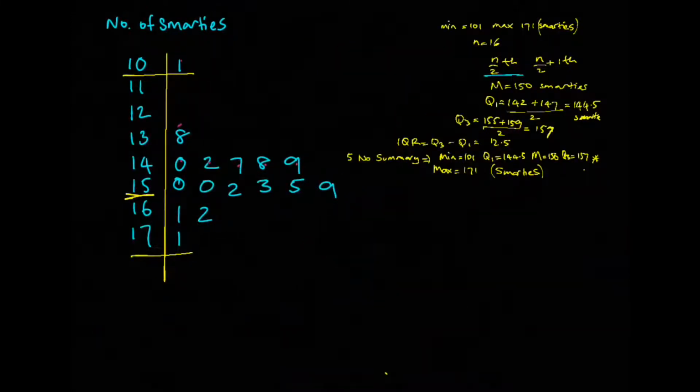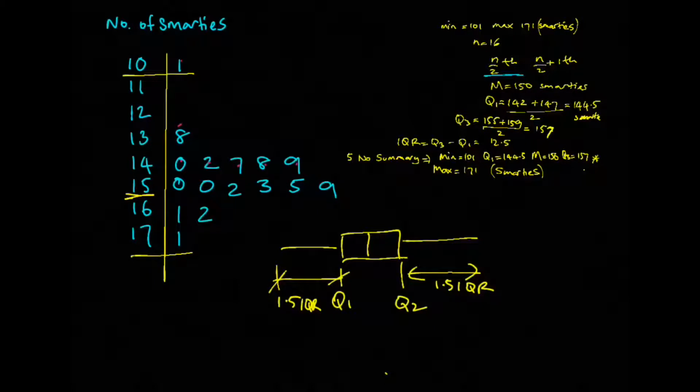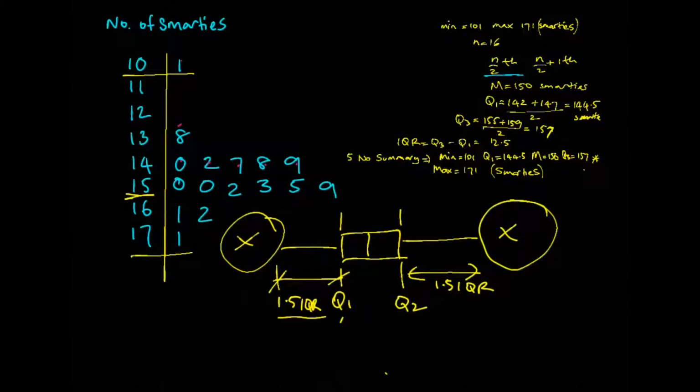Okay, so now before we do a box plot, we need to work out if we've got any outliers. We've got our Q1 and Q3 positions. Any numbers that lie past 1.5 IQR lower than the Q1 position, out in this range or past this range, are considered outliers.